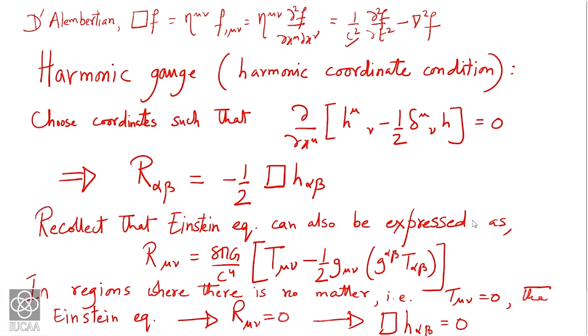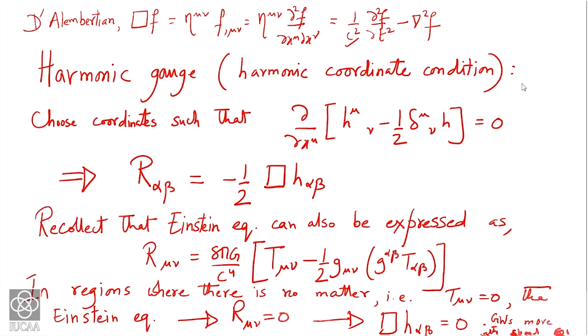In other words, what we have derived from Einstein equation is, if metric perturbation is propagating, it propagates like a wave, because box or D'Alembertian of h alpha beta equal to 0 is a wave equation where the wave speed is c. That means gravitational waves move with speed c. From first principles we have proved that gravitational perturbations move with speed c, and it follows from the Einstein equation.